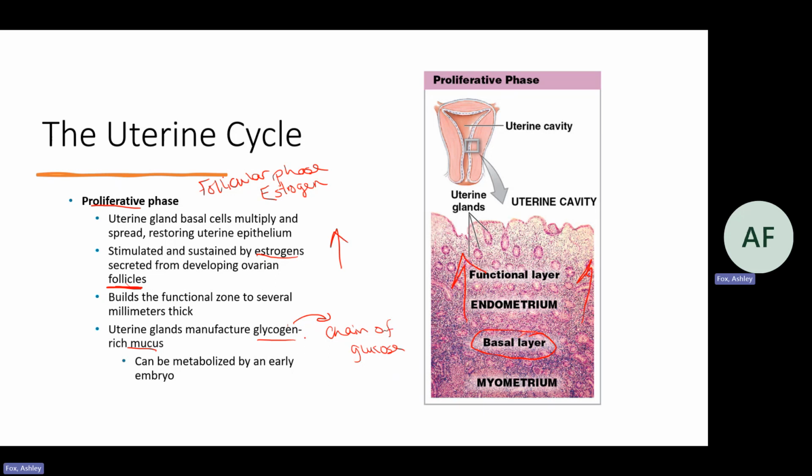So we can break down glycogen to glucose to make ATP and use for energy. So uterine glands making this mucus can be used by an early embryo if fertilization does occur. It can be used by an early embryo, since divisions take a lot of energy. So it'll be able to provide energy.